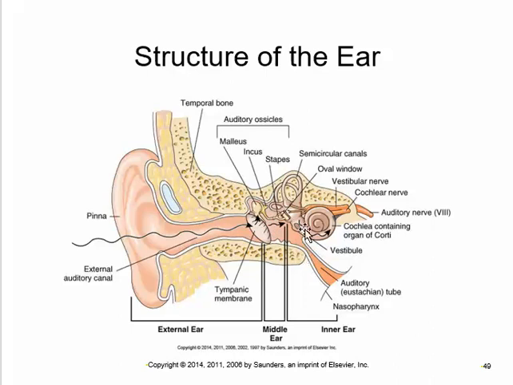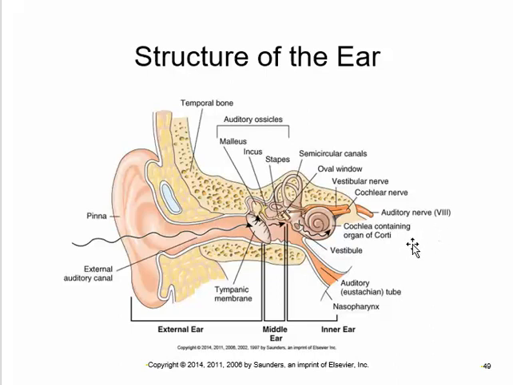The inner ear is the cochlea, with the organ of Corti, and the semicircular canals. I'm not going to worry about the oval window and so on. The auditory nerve is cranial nerve 8.